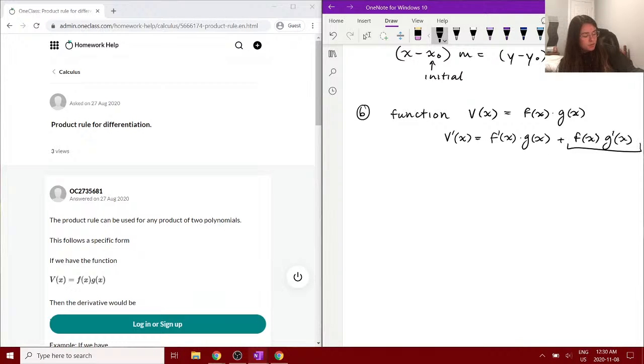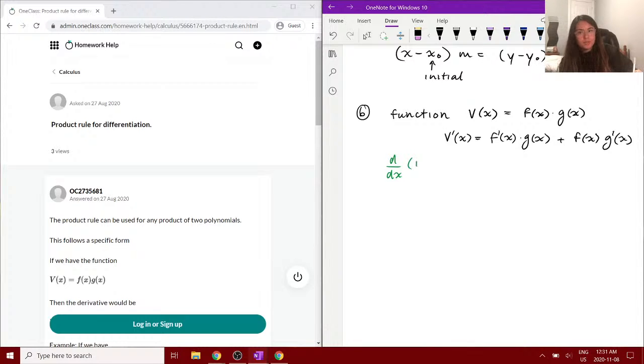And so in the second term here, you leave the first one as is and take the derivative of the second one. So we're kind of taking turns, which one you're taking the derivative of, and which one is staying the same. You might have also seen this product rule shown in a different way. This is the way that I've seen it before.